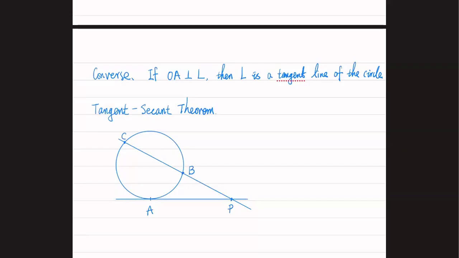Okay, the question is, what does the theorem say? What is the tangent secant theorem about this secant and tangent?